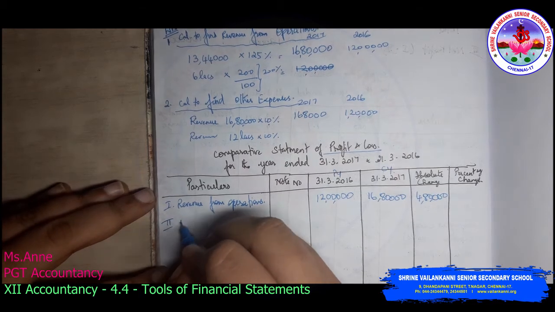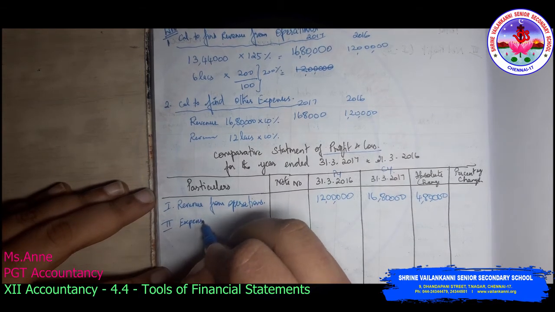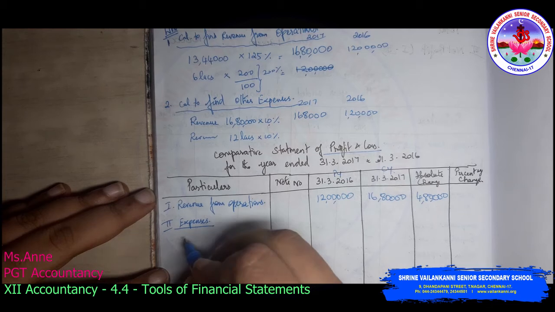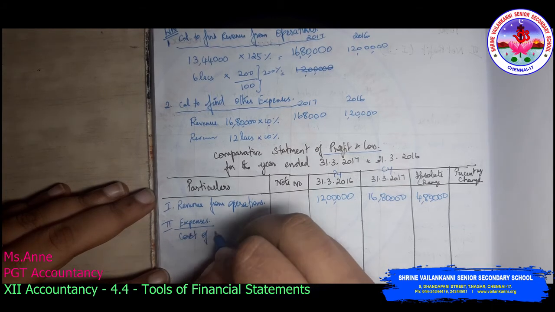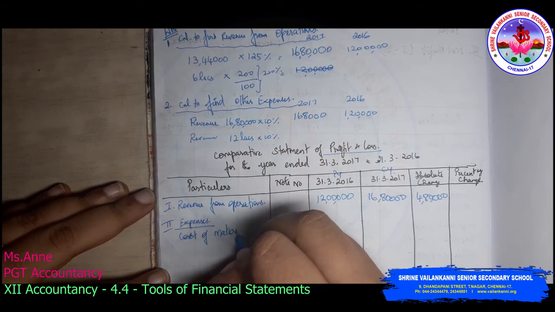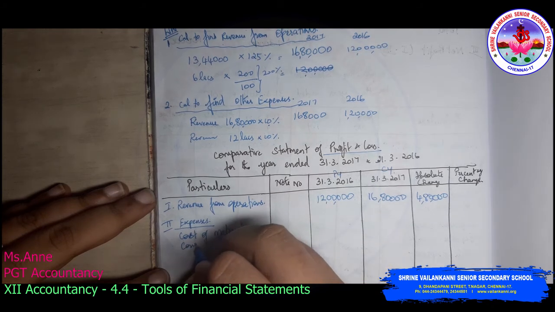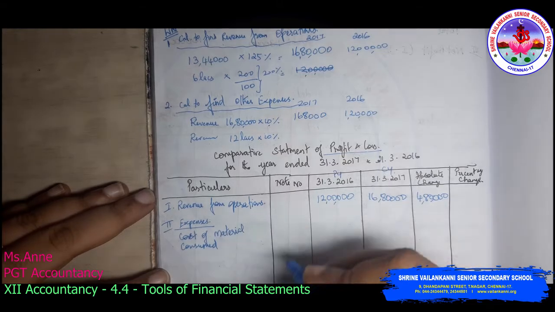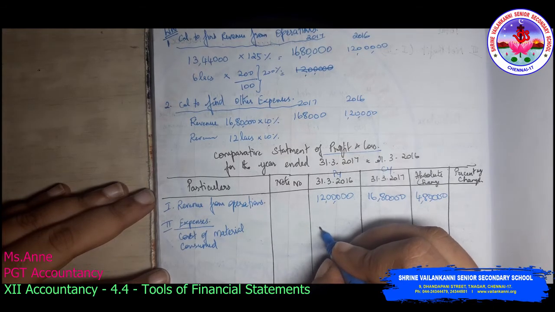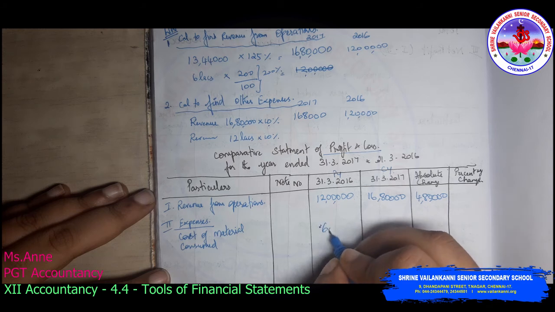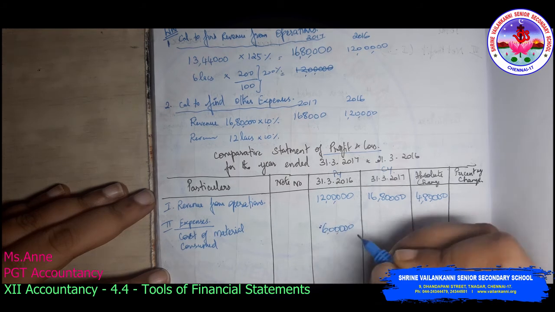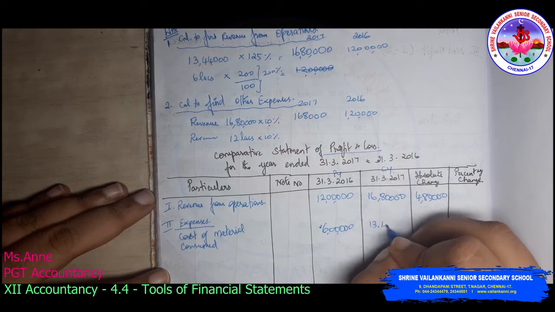Then I am going to take the expenses. So under expenses, the first one is going to be cost of material consumed. I am having the figures already. So 2016 it is 6 lakhs given in the question. Then 13,44,000.